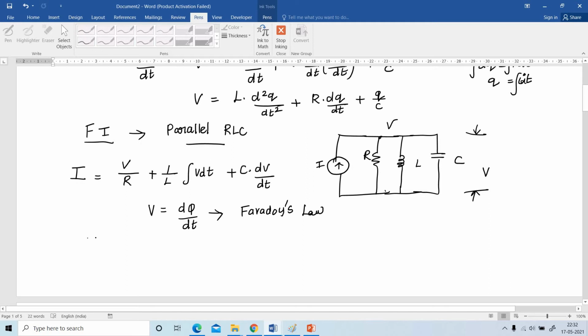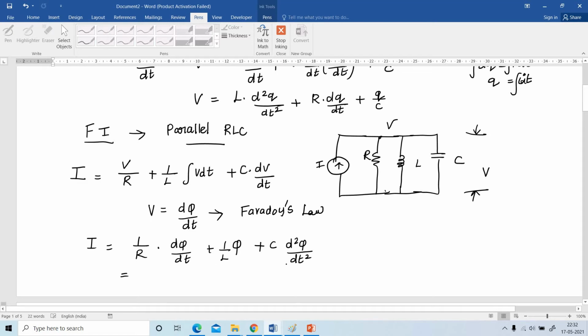So what is the new equation? I is equal to, instead of V, I am going to substitute d phi by dt: 1 by R into d phi by dt plus 1 by L into integral V dt, which is equal to phi, plus C into dV by dt, and V is d phi by dt, so C into d square phi by dt square.